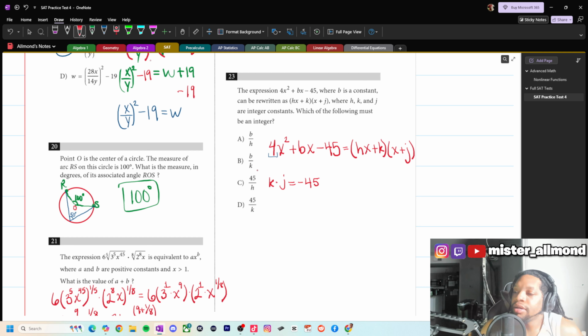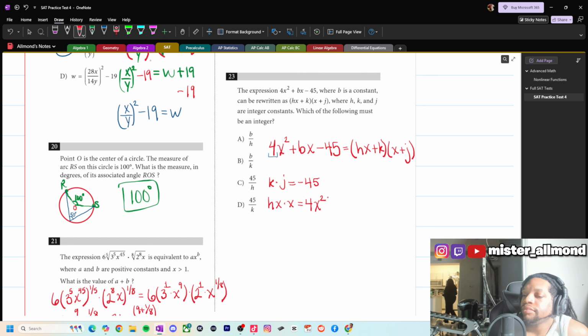And then according to first, I know that hx times x should equal 4x squared. So does that mean I can solve for h if my x squareds cancel?